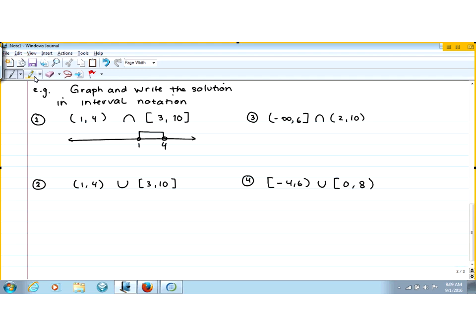How about (3, 10)? What am I doing here? So this is 3. Where is 3? 3 here. Open or close? Close. Where is 10? Oh, somewhere here, but let me just draw it here. And what else am I going to draw? Something like this? Okay. Now, the question is, which one is the intersection?